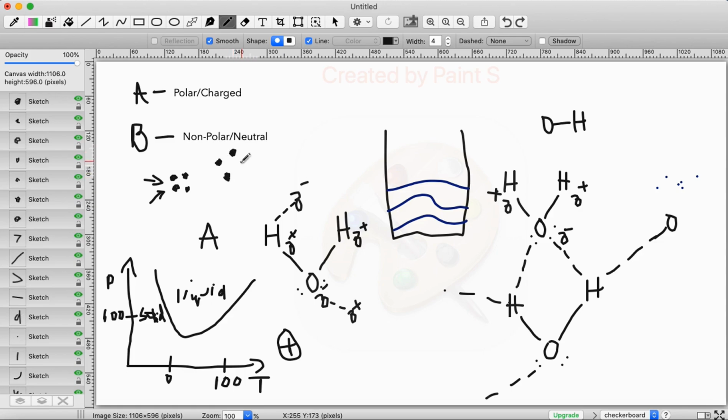What do you mean stable? There's no reaction going on. I mean stable in terms of interactions. There's a certain distance at which these interactions make the system, whatever system it's in, the most stable. In this case, it likes the interactions with water.